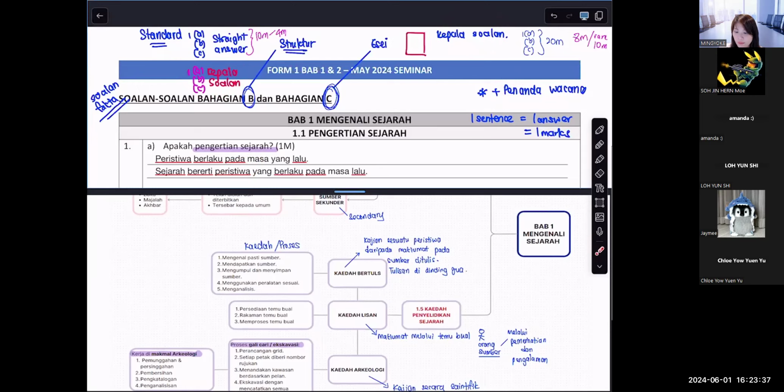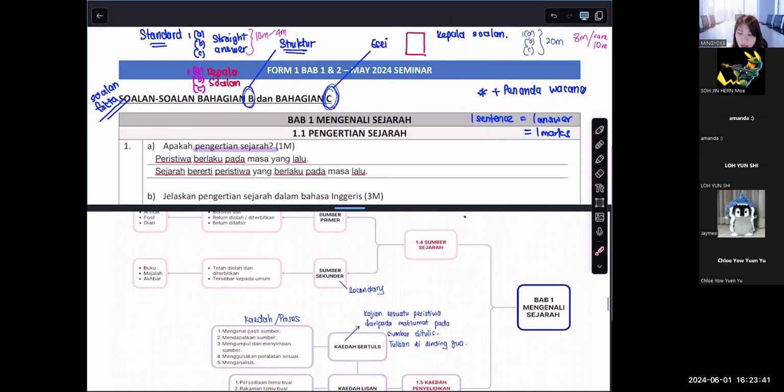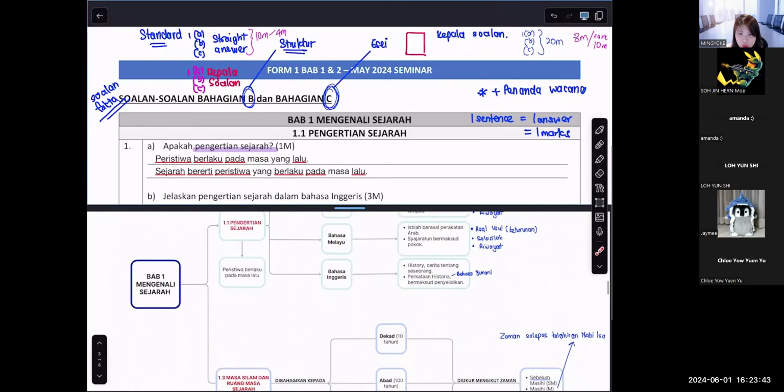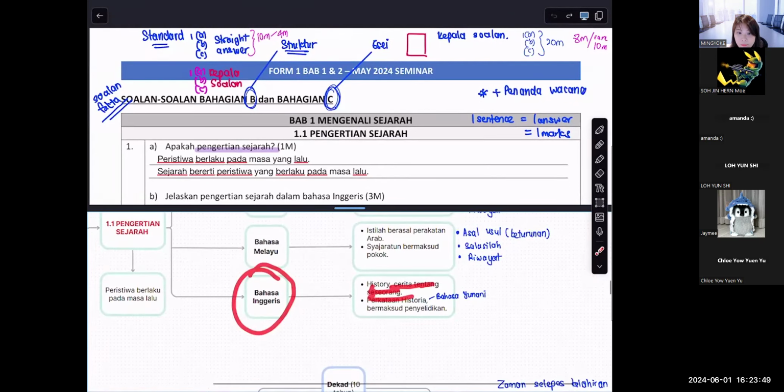And therefore, if you look at soalan B, jelaskan pengertian sejarah dalam bahasa English. So bahasa English is here. Historic. Cerita tentang seseorang. Historia. Penyelidikan.